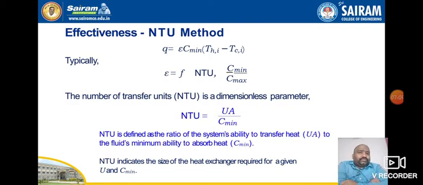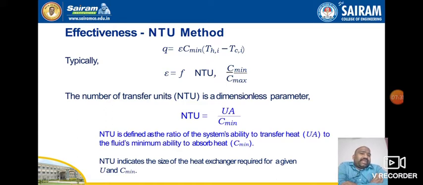Now we can write the effectiveness and NTU method relation, that is Q is equal to epsilon into C minimum into Thi minus Tci. Then we can write epsilon as a function of NTU. How does it become a function of NTU? The number of transfer units is a dimensionless parameter. We can write it as UA divided by C minimum.